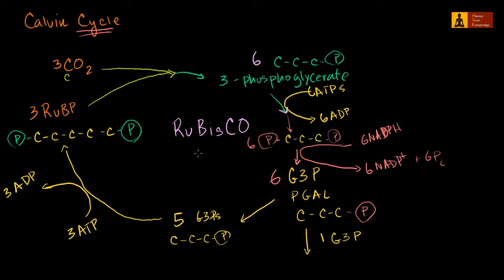And actually, just so you know a piece of terminology, this type of photosynthesis is called C3 photosynthesis.